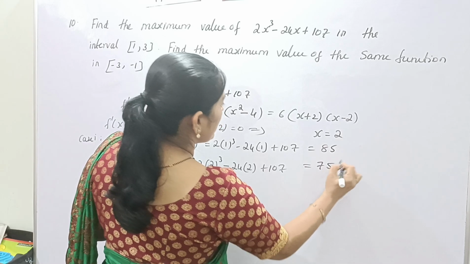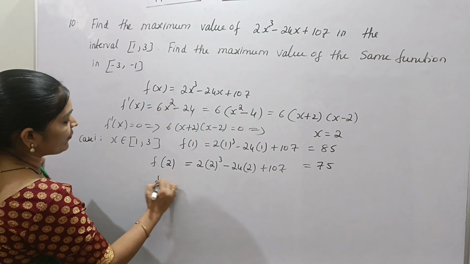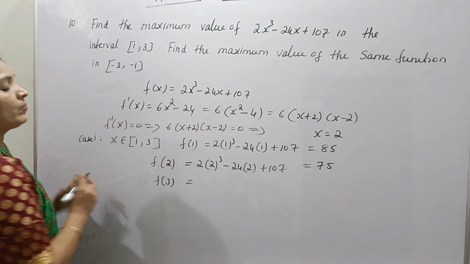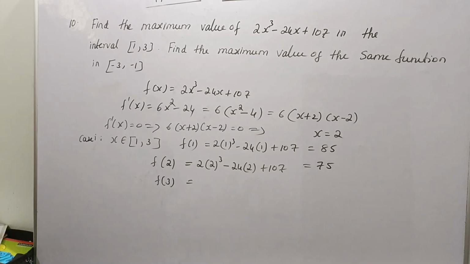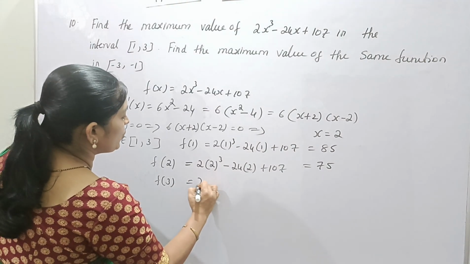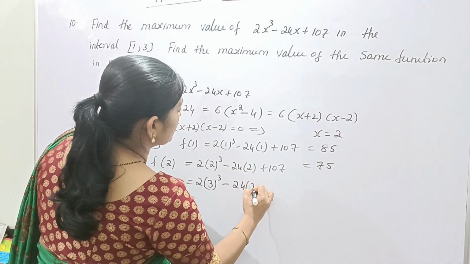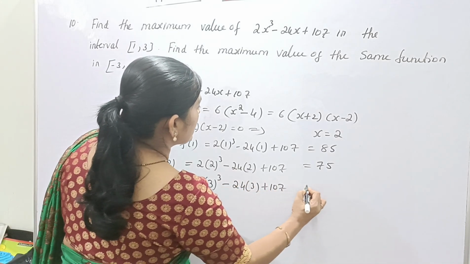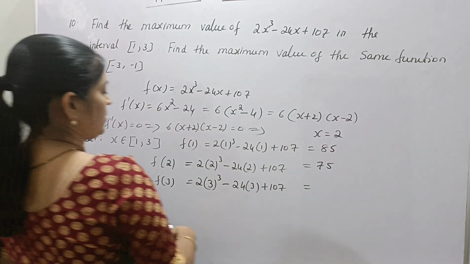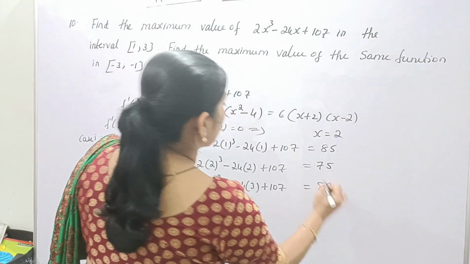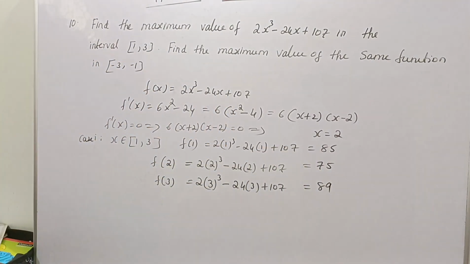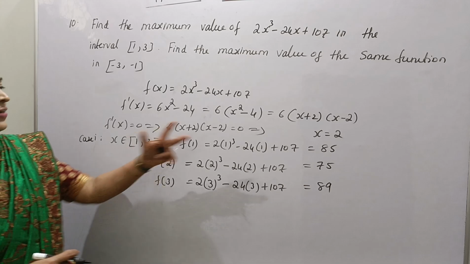That is 75. So f of 3 is equal to 2 into 3 cube minus 24 into 3 plus 107, that is equal to 89. Okay, so here we have got three values.